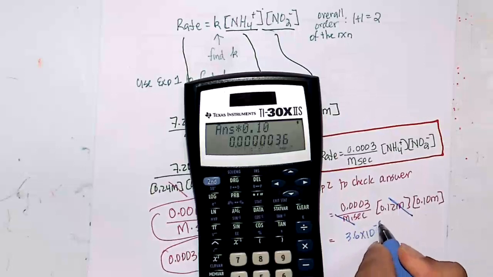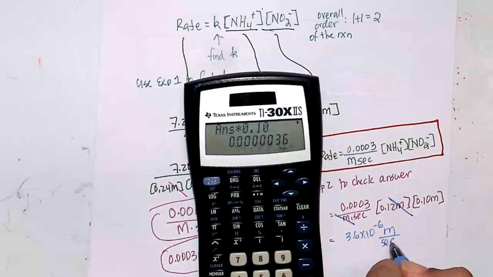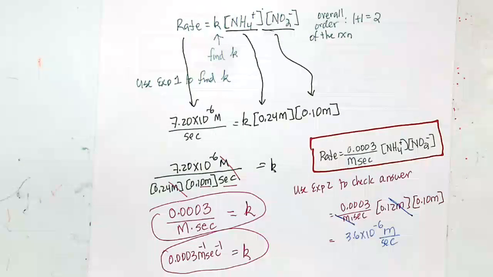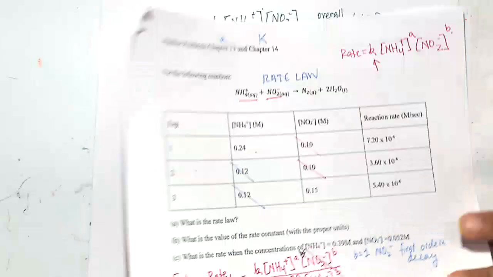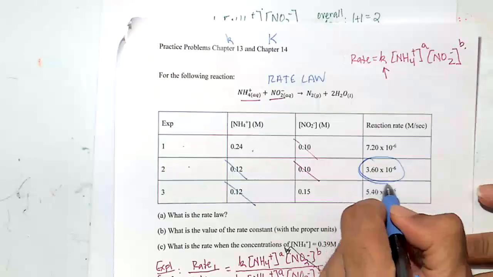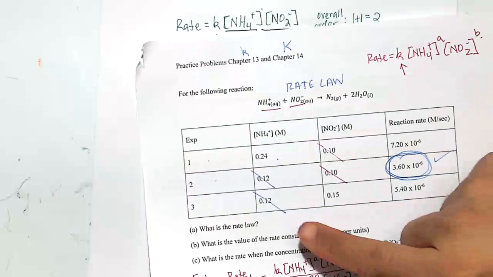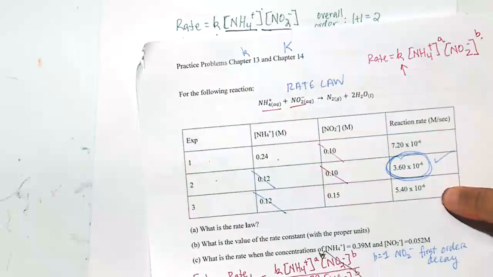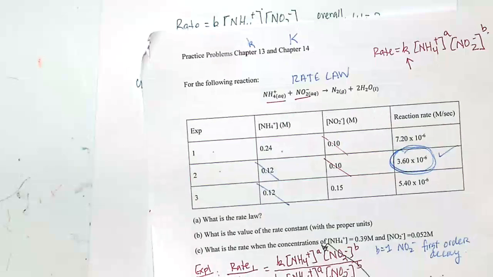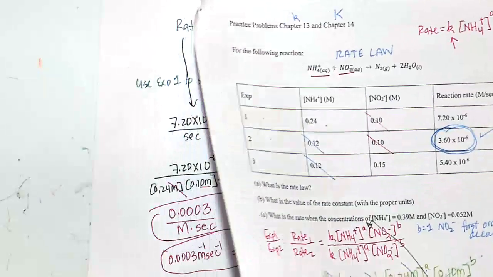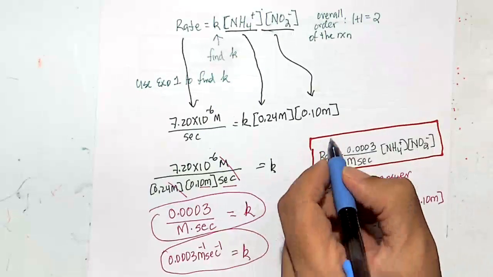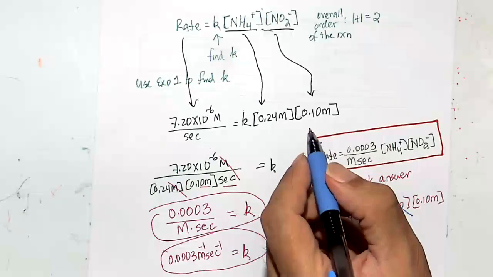And I'm getting 3.6 times 10 to the minus 6 molar over second. And look at that. Okay. Right on target. So I bet if you plug in experiment 3, you'll get the same thing, 5.4 times 10 to the minus 6. So I'm pretty confident this is the right answer.